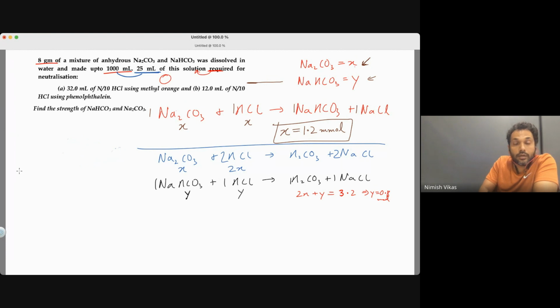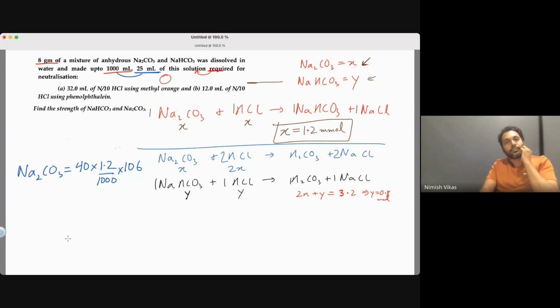Na2CO3 weight is equal to 40 into how much is X? 1.2. 1.2 by 1000 moles into the molar weight 106. Is that clear? Guys, just tell me how much this comes.